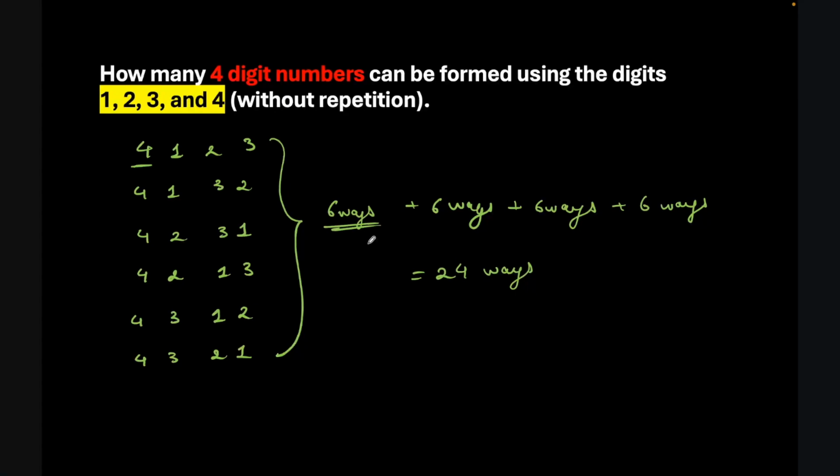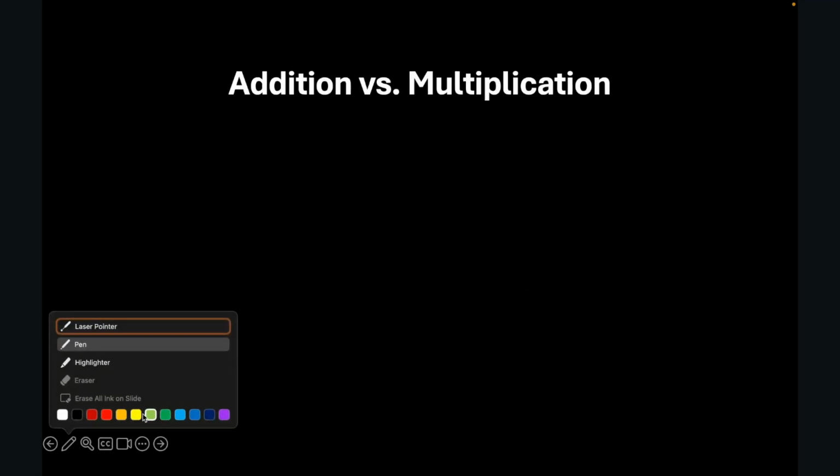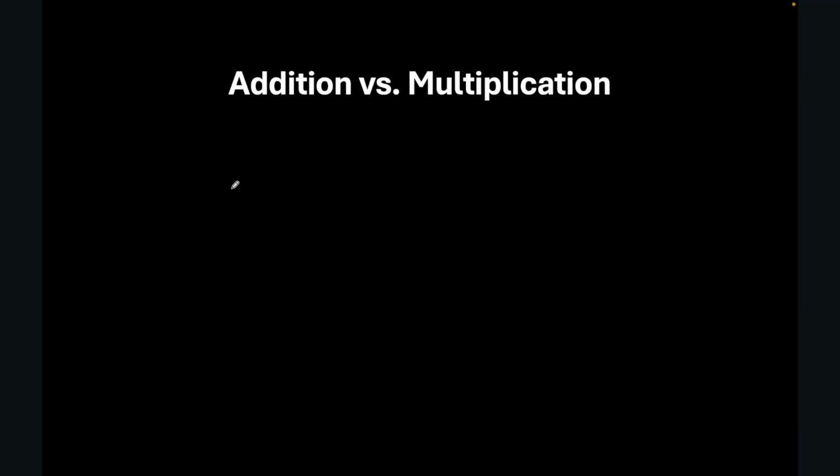All right. So again, the IB will never ask you to do something like this where you have to list out things. But I'm just trying to get the concept home at the moment. Okay, so with those two examples, I just want to bring us to the next part, which is addition versus multiplication.